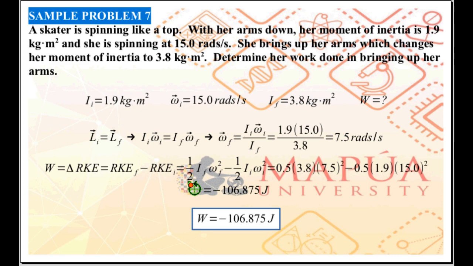RKE is just 1/2 I omega squared, so you have 1/2 I final omega final squared, minus 1/2 I initial omega initial squared. And we know all the values. We are able to calculate the work done: negative 106.875 joules.